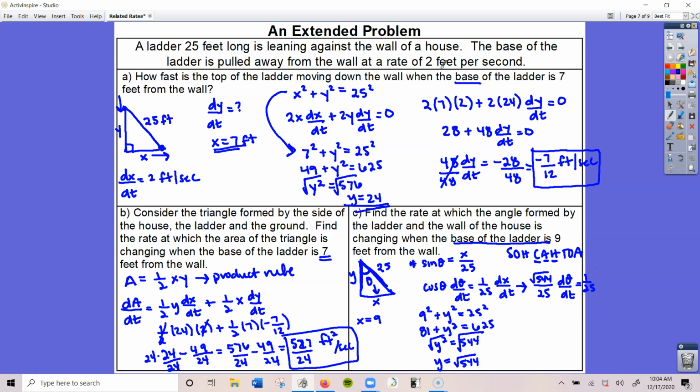And dx dt was given in my problem, and which we've been using as 2. So we're going to multiply this with 2.